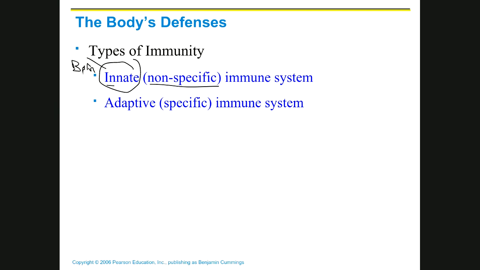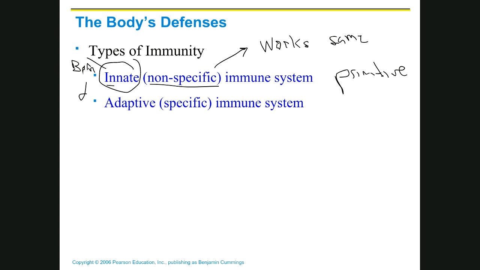And the reason it's called nonspecific is that it doesn't do anything any different for any different pathogen. It works the same way every time. And in reality, this is sort of a primitive kind of immunity. But we all have it.